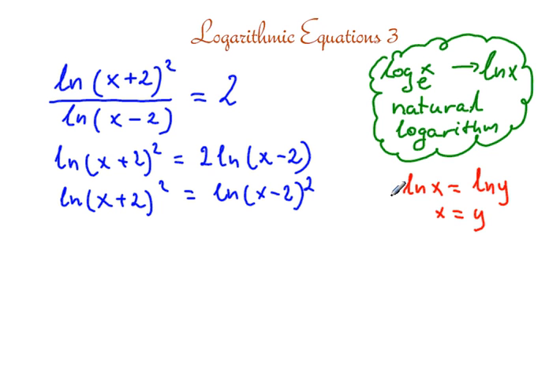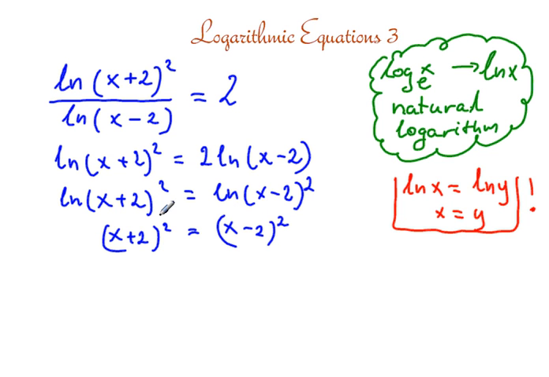This is something important to be aware of. So using that logic, we can now declare that (x plus 2) squared must be equal to (x minus 2) squared, because both logarithms have identical base. So we drop the logarithm symbol.